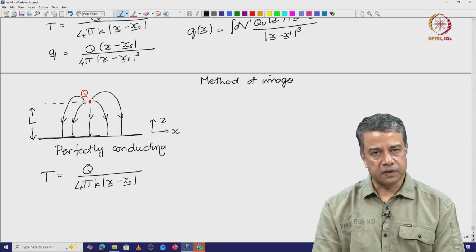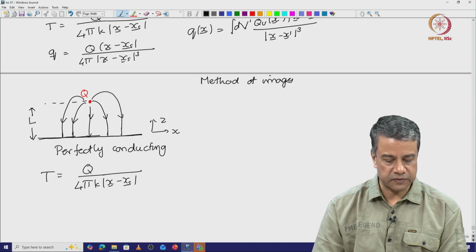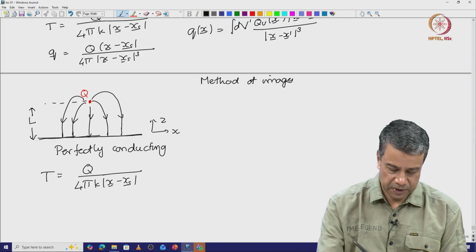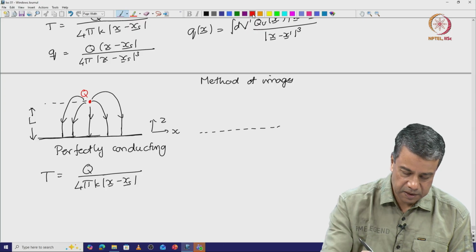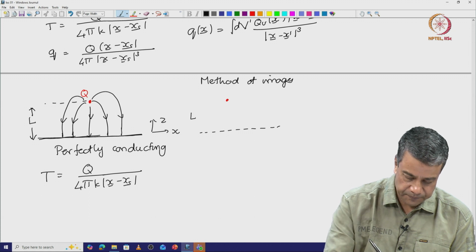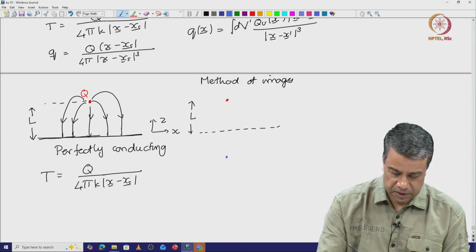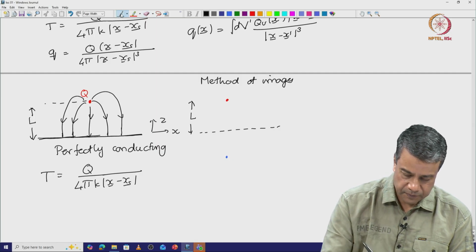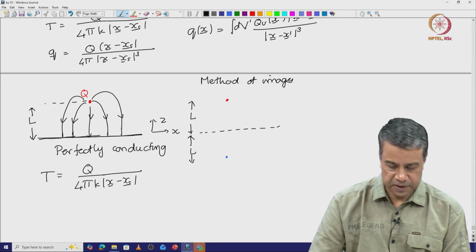For the physical configuration that we have, the physically relevant domain is for z greater than 0. We can replace this by a configuration consisting of a source at a distance L, and a sink below of equal strength at another distance L, above and below the physical boundary.